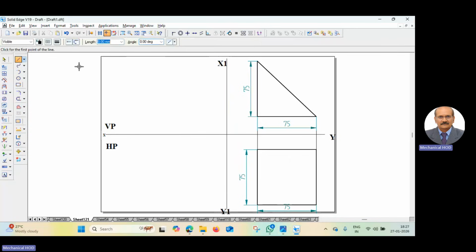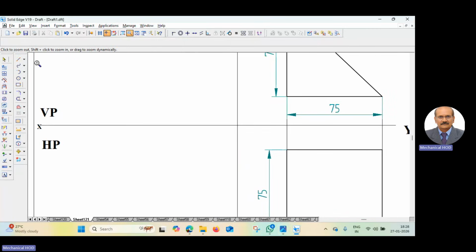From the point of intersection of the x1, y1 line and the XY line, you have to draw a line at an angle of 45 degrees. Let me zoom in because I have to get the intersection symbol.